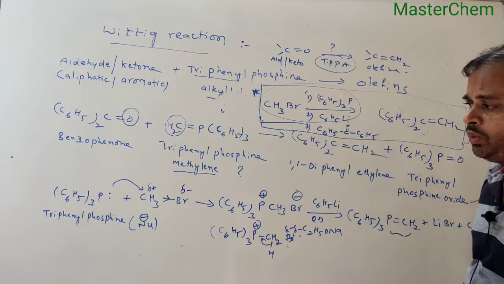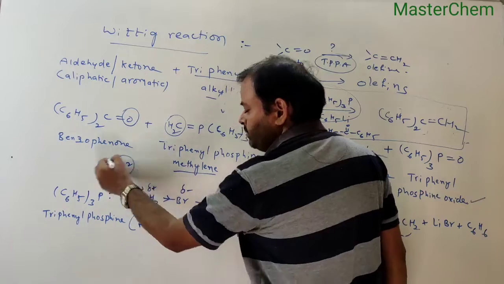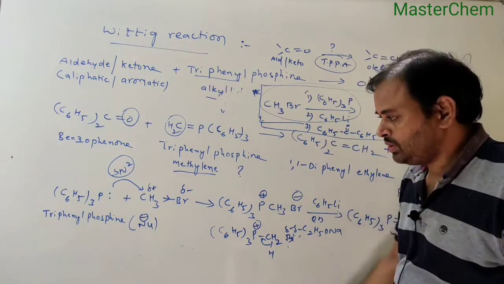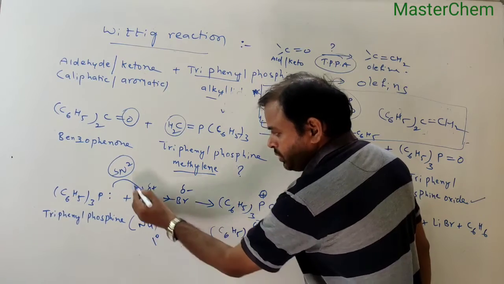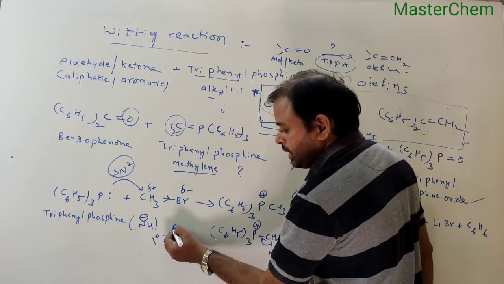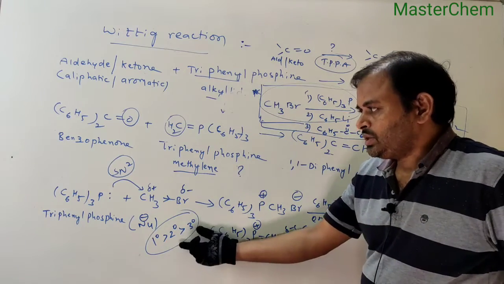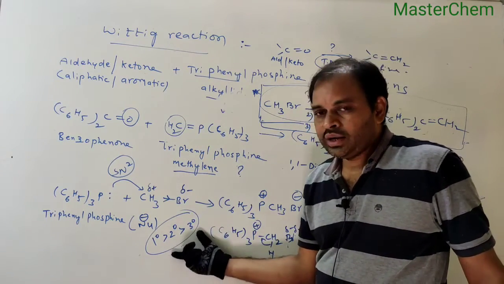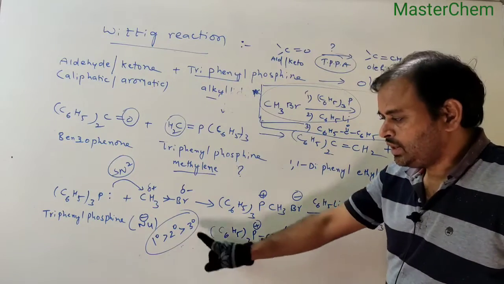One more important point here: this is an SN2 reaction. Why is it an SN2 reaction? It is a primary alkyl halide. We know that for SN2, the reactivity order of alkyl halides is primary greater than secondary greater than tertiary.